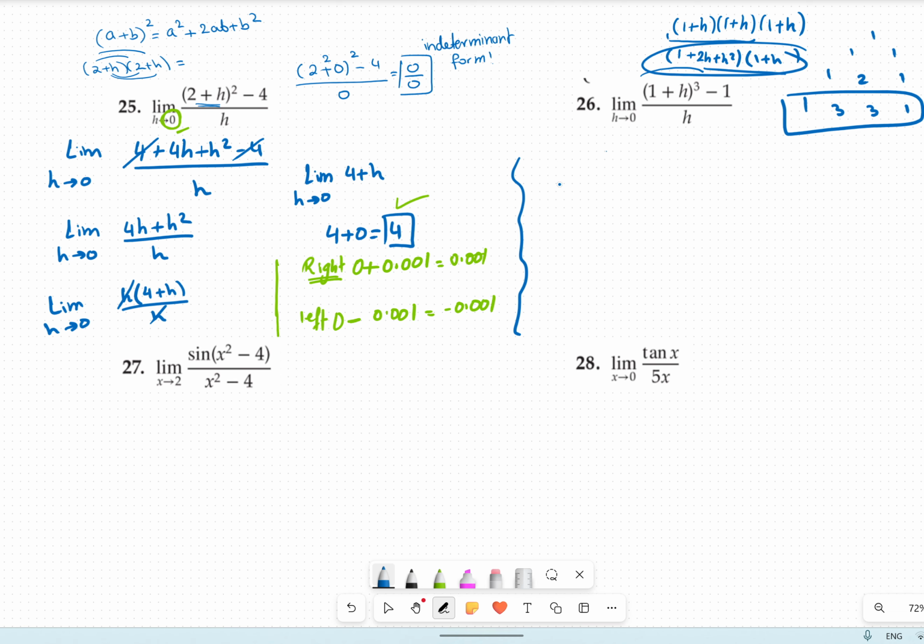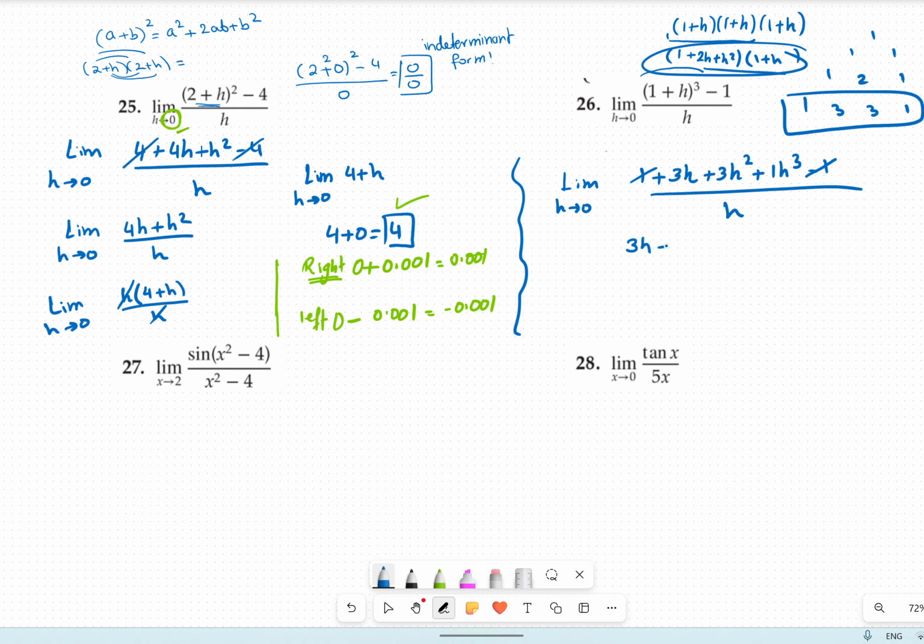So we will end up with 1. First I will write the limit as h approaches 0. 1 plus 3h plus 3h squared plus 1h cubed minus 1 over h. Now again, notice 1 minus 1, they will cancel.